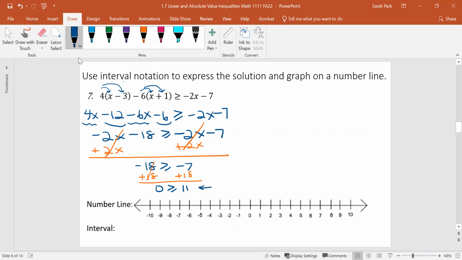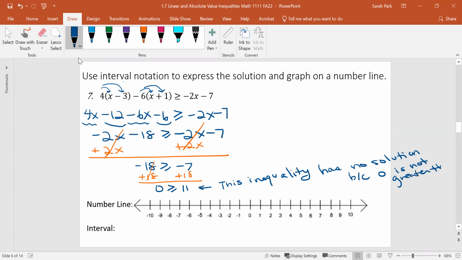So since this inequality is never true, we conclude that this inequality has no solution, because 0 is not greater than 11 ever. So on the number line, there's nothing to shade because there's no solution.